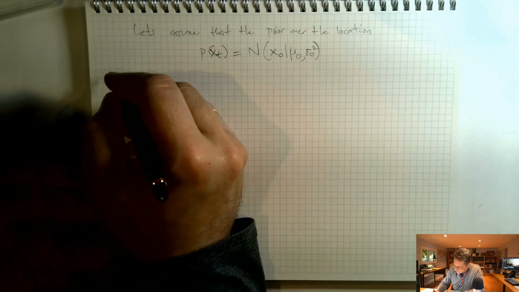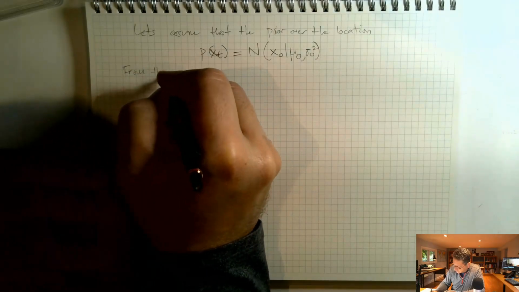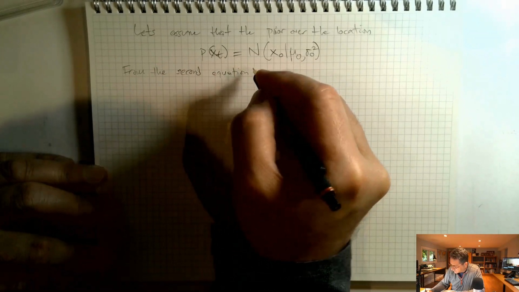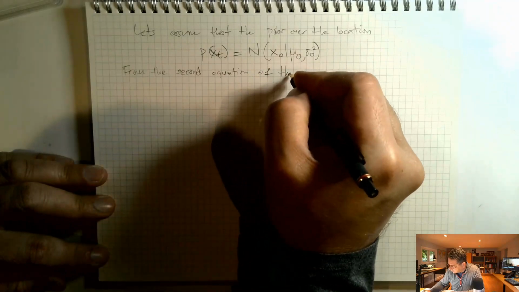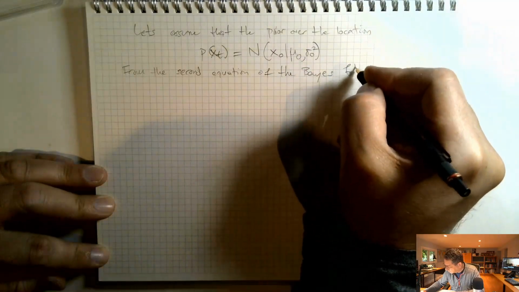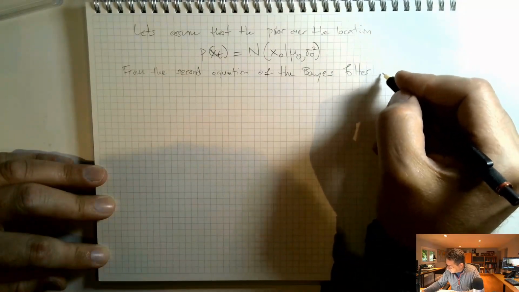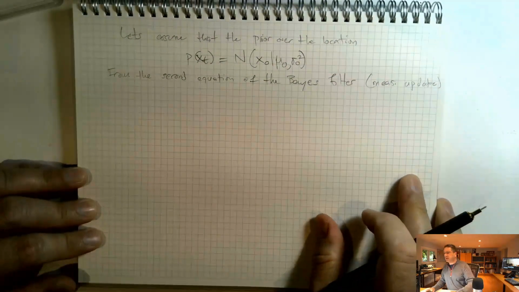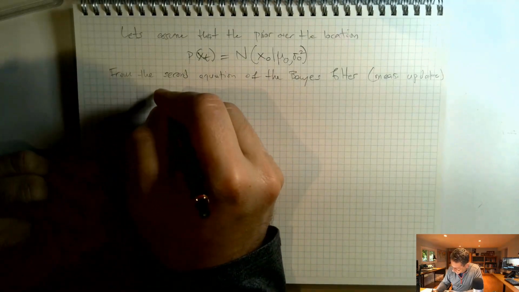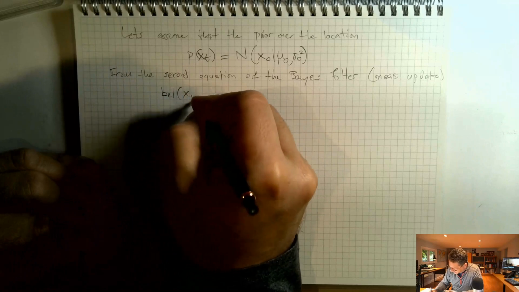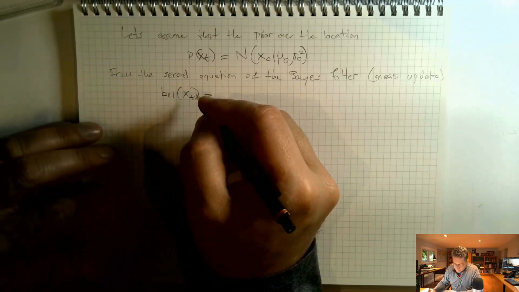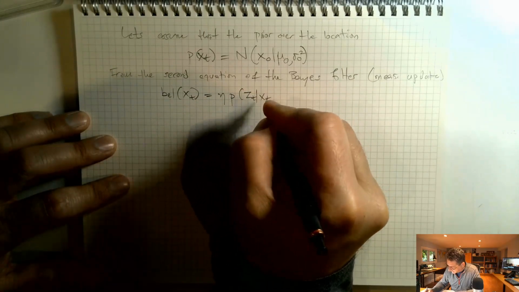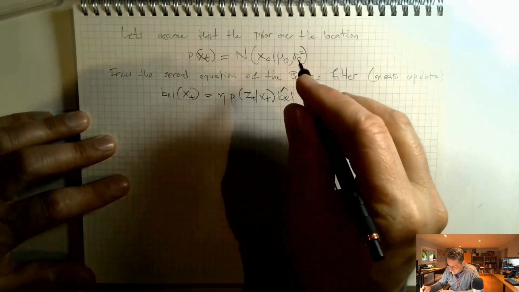And if I start with the second equation, the so-called measurement update, we can write it again: the belief for the location of the drone xt is eta times the probability of zt given xt times the belief hat of xt.